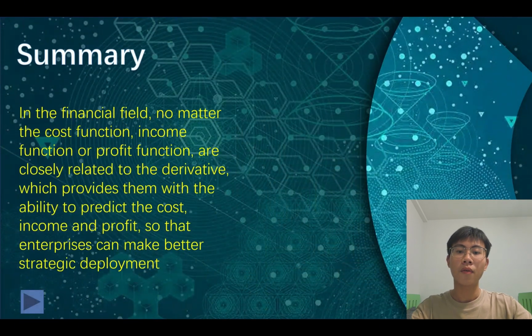So, in the financial field, the cost function, revenue function, and profit function are all closely related to the derivative, which provides the ability to predict the cost, revenue, and profit, so that enterprises can make better strategy deployment.